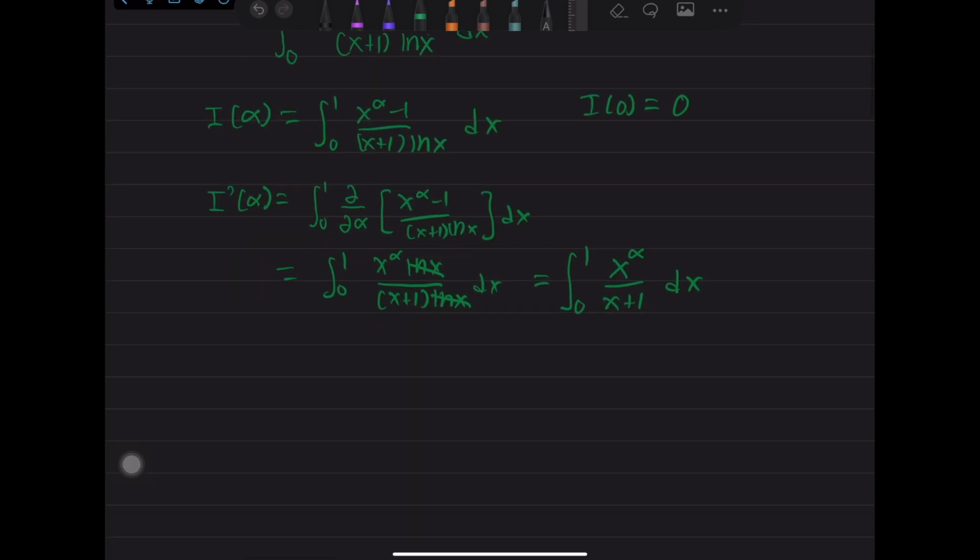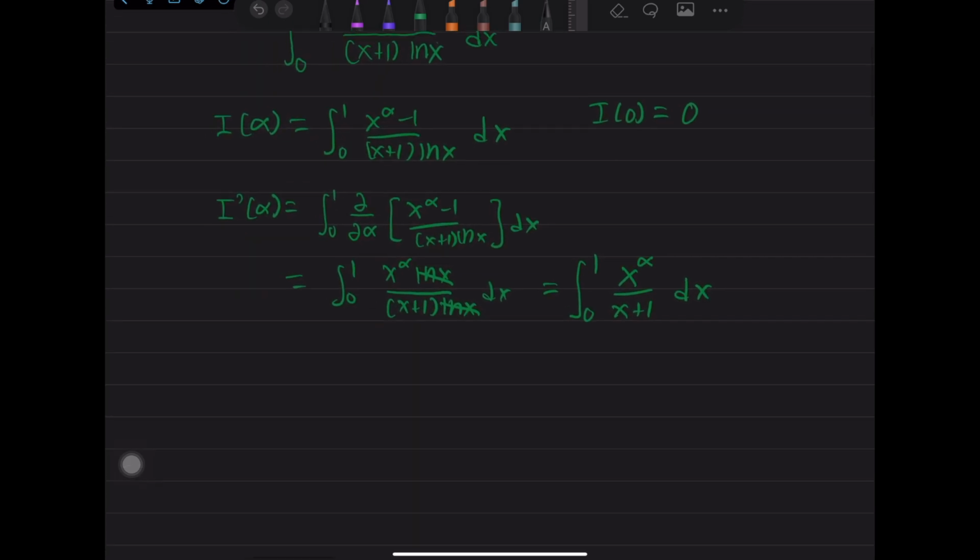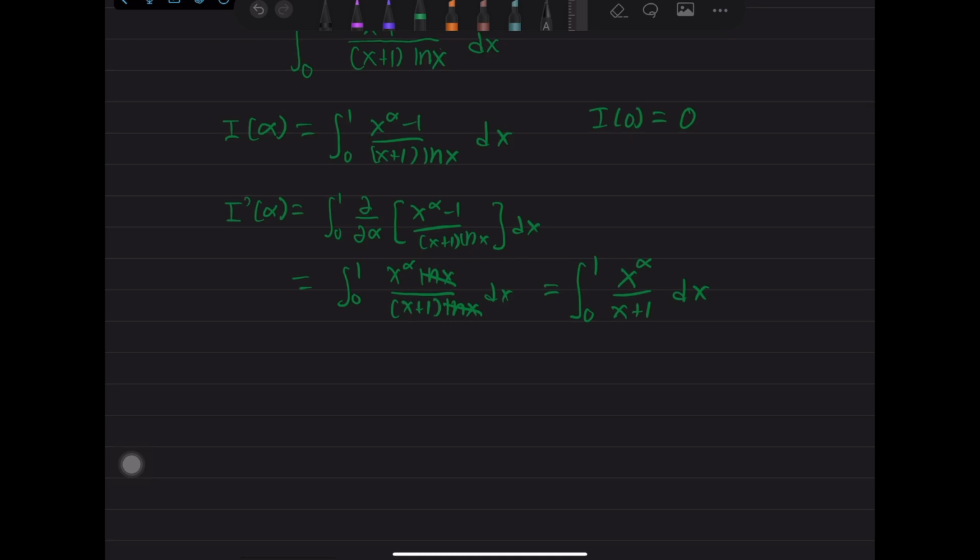So now we're going to use the infinite series representation of 1 over x plus 1. So remember that the sum from n equals 0 to infinity of x to the nth is equal to 1 over 1 minus x. So we can replace x with negative x, and this is just a geometric series.